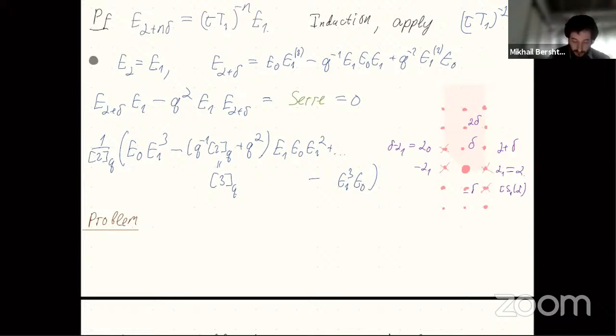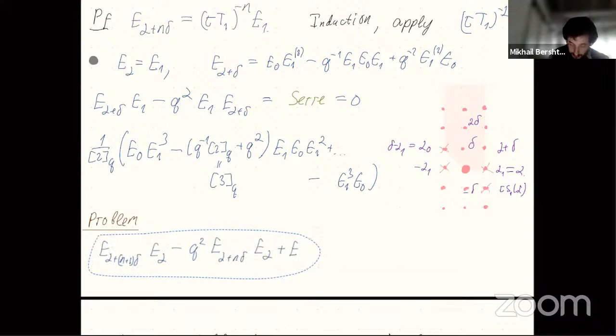And the relation is the following: E alpha plus n plus 1 delta E alpha minus Q squared E alpha plus n delta E alpha plus, and now alpha plus delta here. Minus plus in the opposite direction.